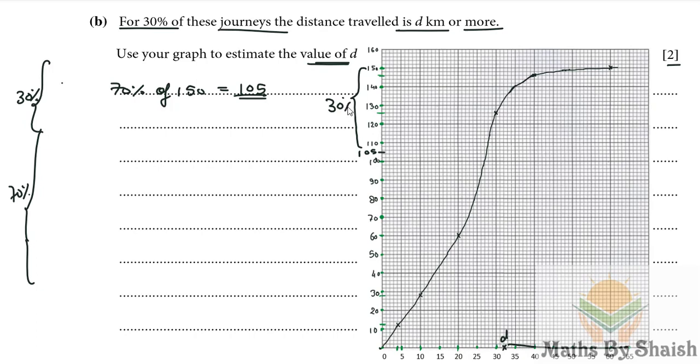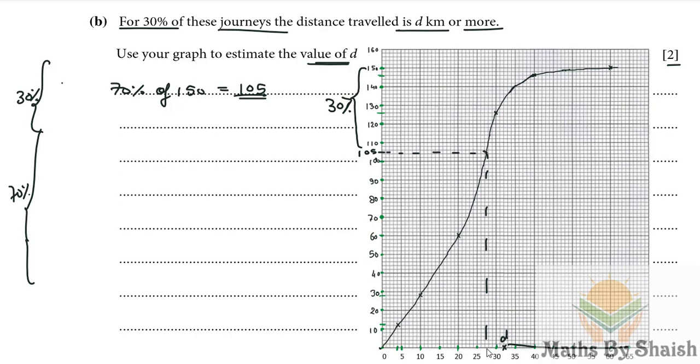It says that if it is distance d or more, then it is going to be 30%. Means in order to estimate the value of d, we'll go from 105 to the graph. This is the point on the graph, and then we'll come down for the x value, means the distance.